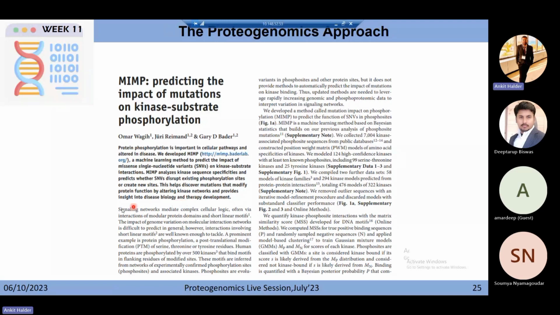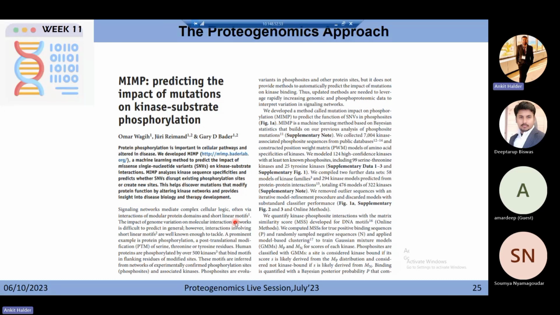These signaling networks mediate complex cellular logic, often through modular protein domains and short linear motifs. I have already given you the definitions of domains and motifs: domains are long, structural and functionally available, while short linear motifs, like zinc finger motifs, are short regions of conserved sequences, but the most conserved regions remain your domain.